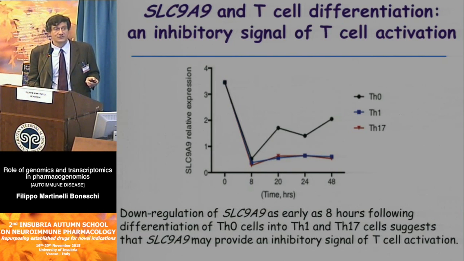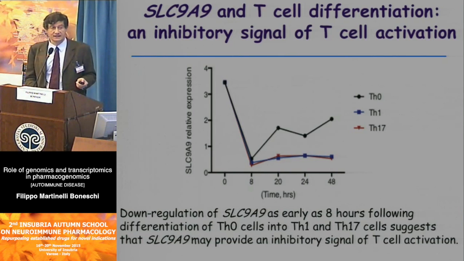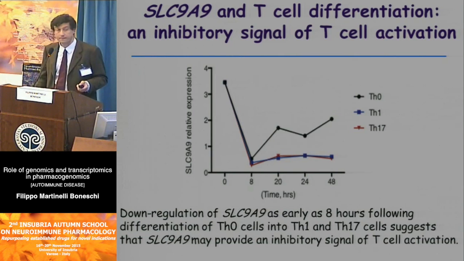This somehow suggested that the gene may provide an inhibitory signal of T cell activation, because once it is highly expressed, there is no differentiation, while once there is differentiation, it tends to be downregulated.